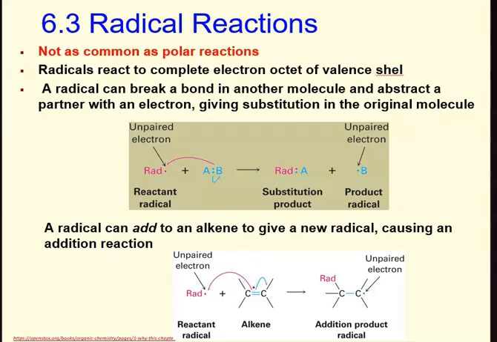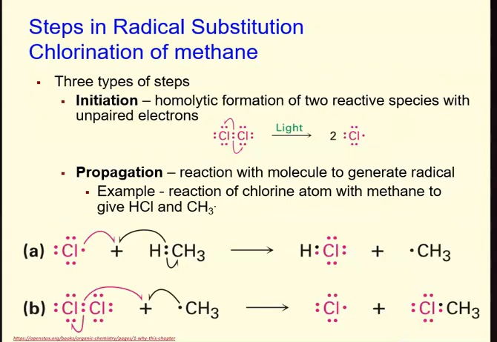In this manner you can see that one of the bonds of the double bond breaks and the radical is paired now, and it forms a bond here, and the other carbon atom gets the other radical. So this is another way by which radicals can react, and a good example for us to understand a complete mechanism which happens through the free radical mechanism.